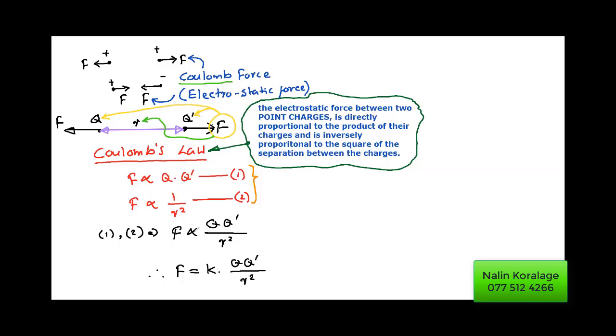Now these experimental laws, these experimental statements which were given by Coulomb, were converted into one equation, with one constant of proportionality. Then I put in something really important: due to historical reasons, there are a lot of things to be mentioned.